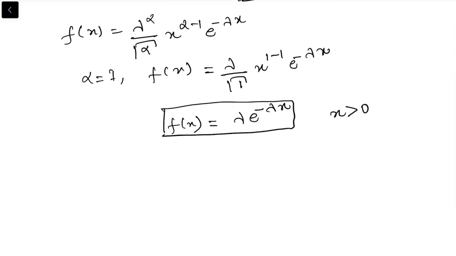Now if you remember, the mean of the gamma distribution is alpha by lambda. So when you put alpha equals 1, you get the mean of the exponential distribution, which is 1 over lambda.